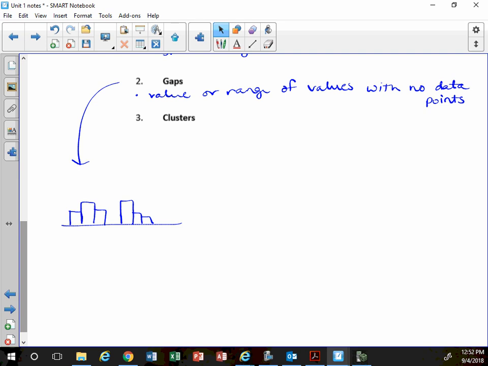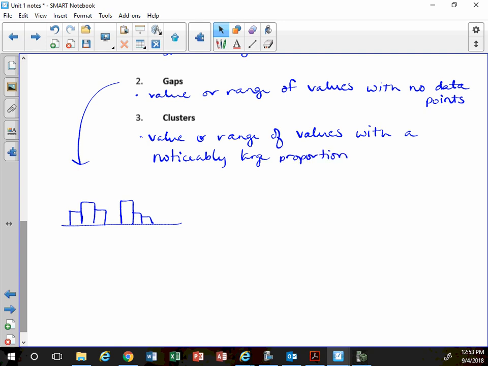All right, so then a cluster is just when there's a lot of data points clustered together, okay? So it's a value or range of values with a noticeably large proportion of data points.